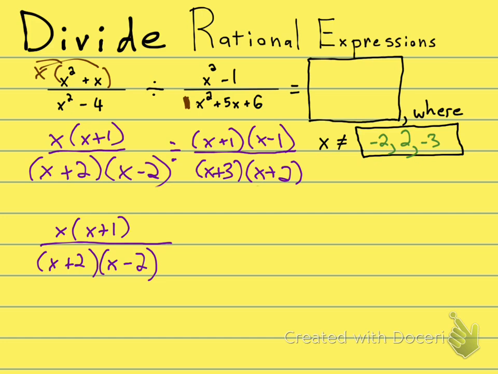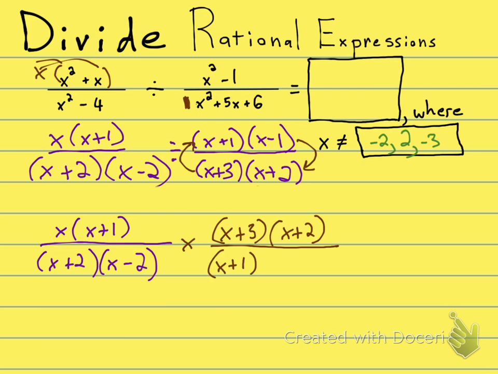And now I am going to multiply times the reciprocal of this fraction. So x plus 3 in the numerator, x plus 2 in the numerator, x plus 1 in the denominator, x minus 1 in the denominator. And I probably shouldn't have used an x for my multiplication symbol. I probably should make it a big dot.